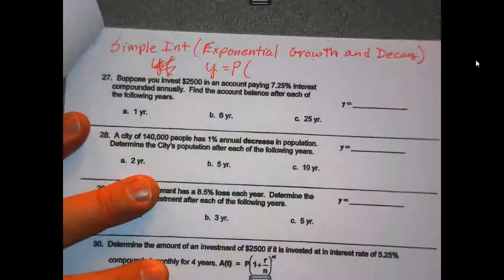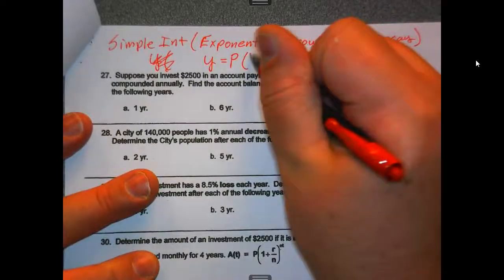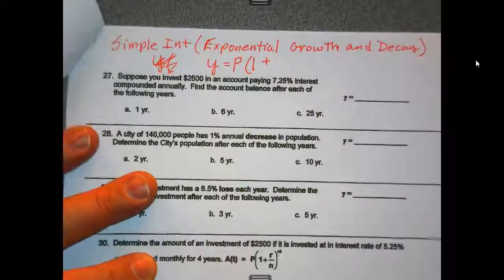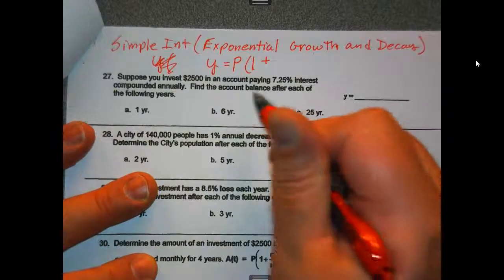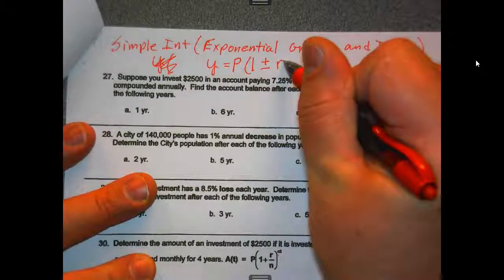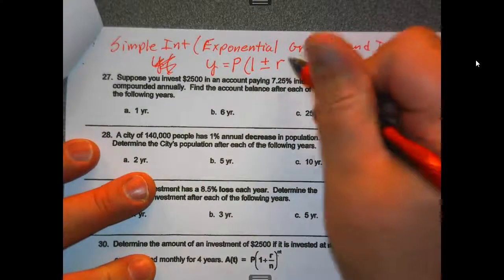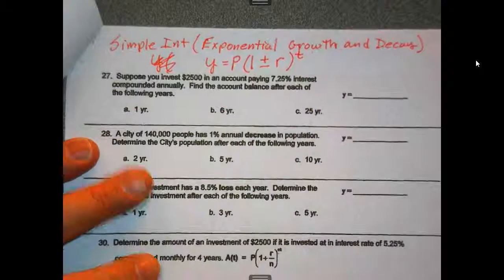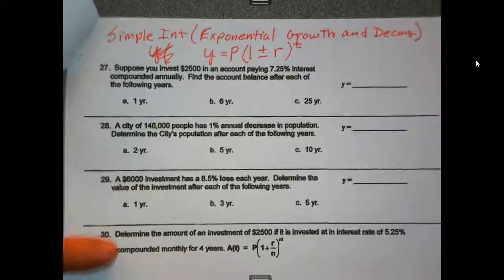P, the initial amount, times 1. And if it was growth, we used a plus sign. If it was decay, we used a minus sign. And then the rate, I'm going to use R, they used I. And then that was raised to the T for how many years. So that was simple interest.